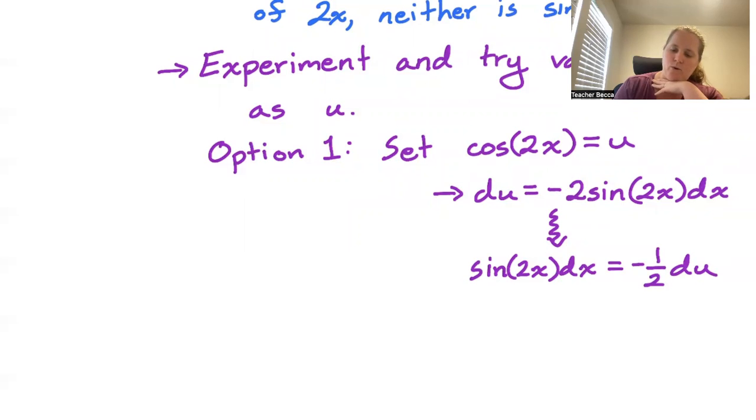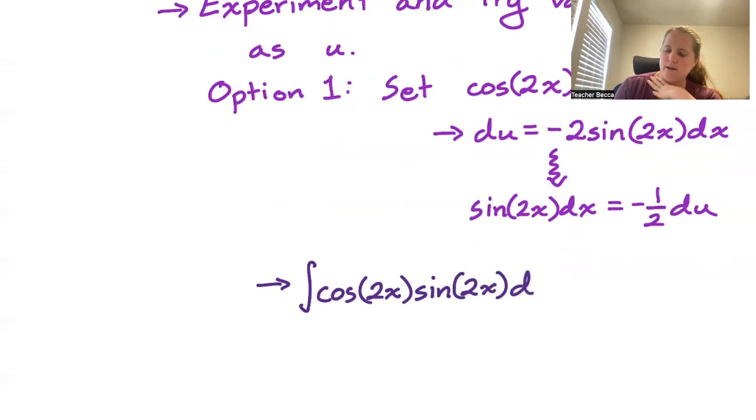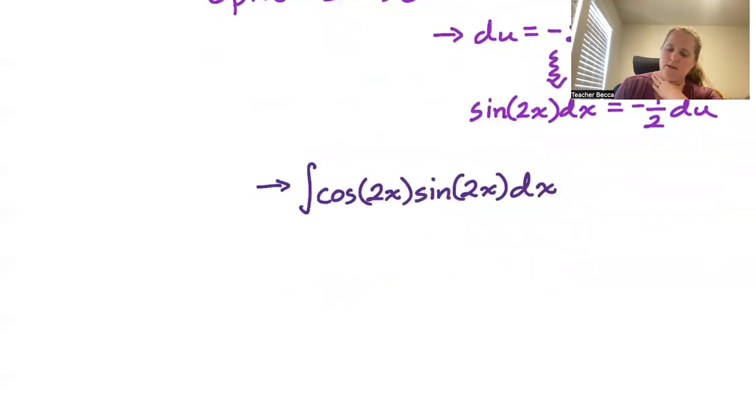So in option 1, we would have that the integral of cosine of 2x times sine of 2x dx is equal to the integral of u times -1/2 du.